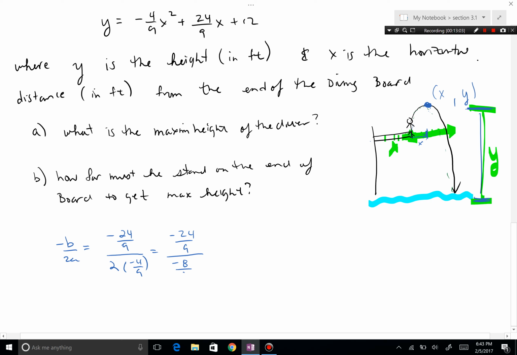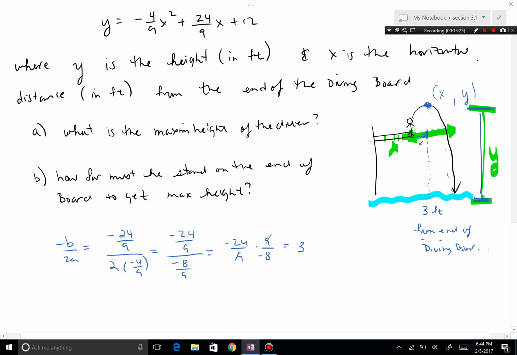Negative b over 2a gives negative 24 over 9 divided by negative 8 over 9. Multiply by the reciprocal: negative 24 over 9 times 9 over negative 8. Stuff drops, which just gives you a positive 3. So that tells you that x here, how far he must stand, is 3 feet from the end of the diving board.